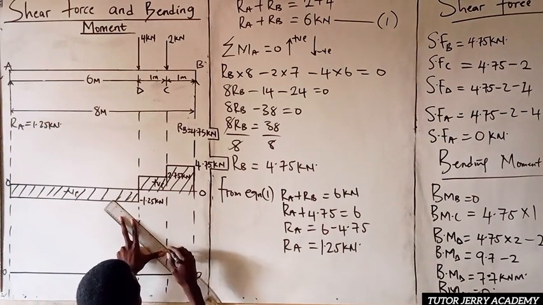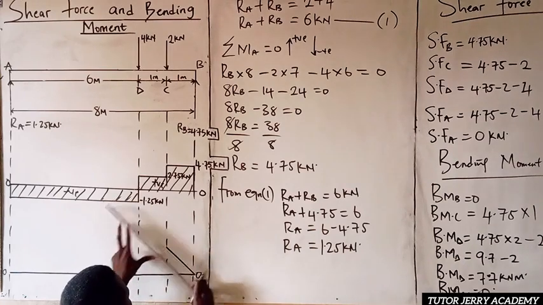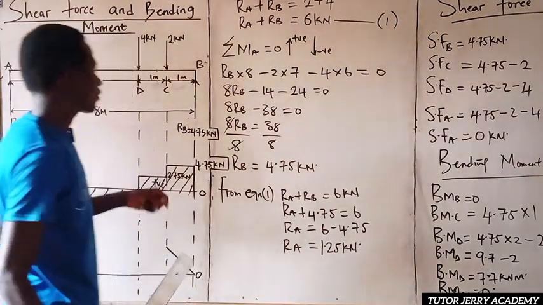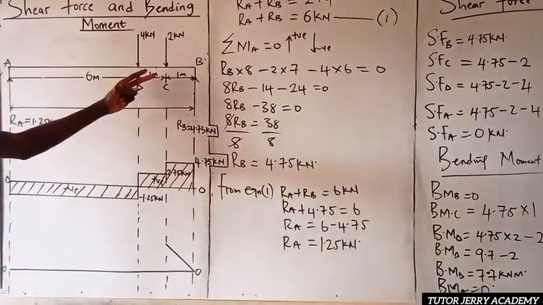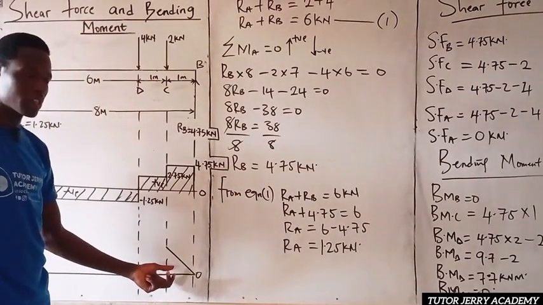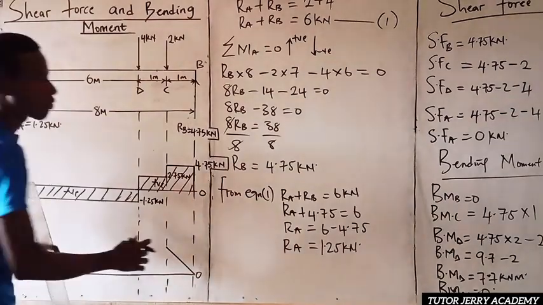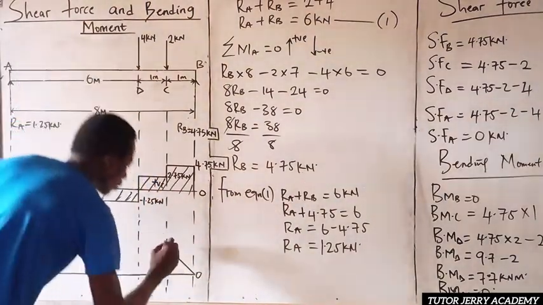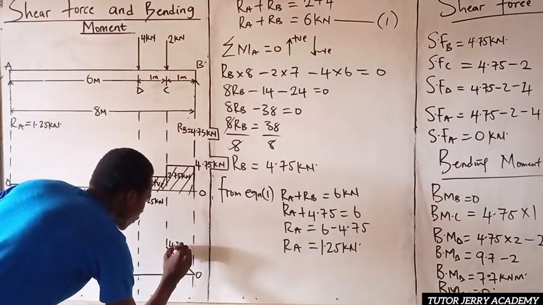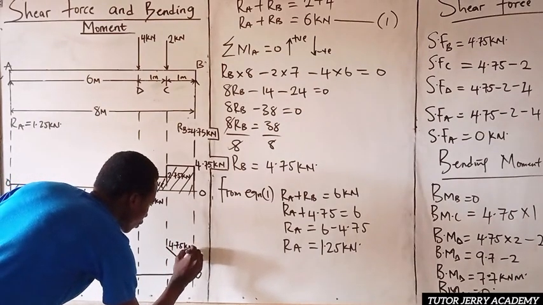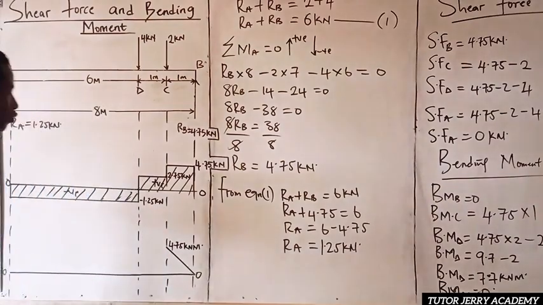So we can just take this point to be our 4.75. And don't forget that for every straight line on the shear force diagram, it's going to be represented with an inclined line on the bending moment diagram. So this is 4.75 kilonewton meter bending moment.